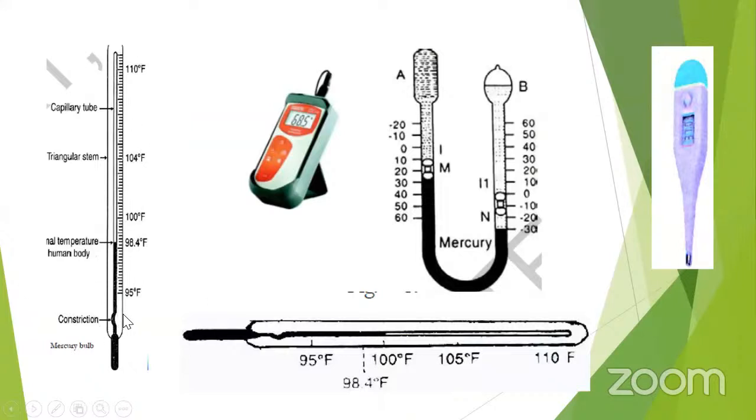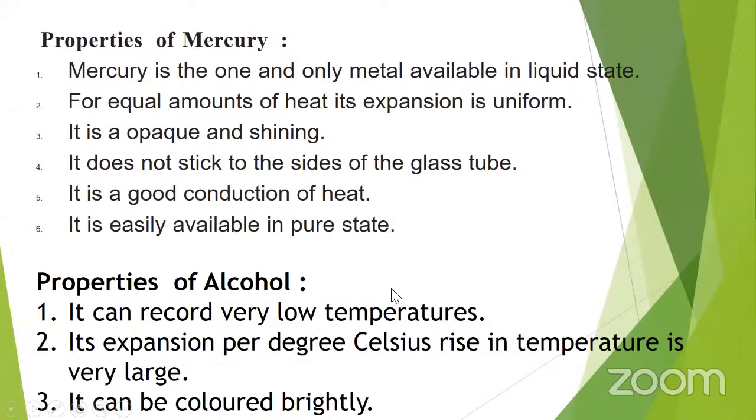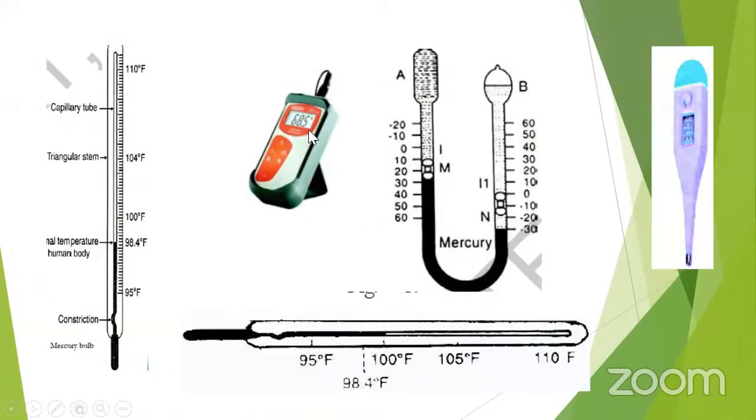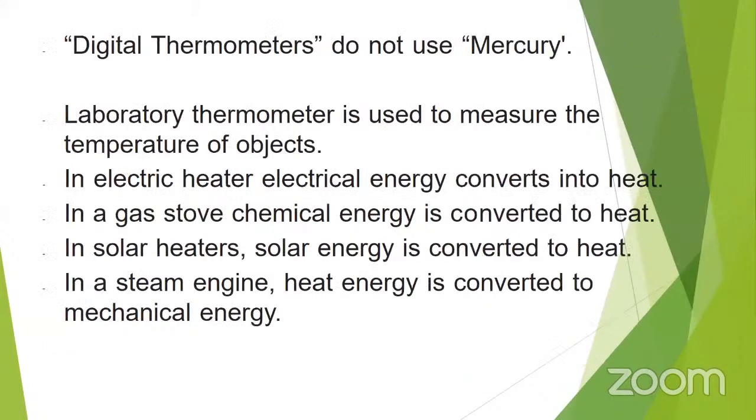In the clinical thermometer, there is a small constriction that we call a kink. Already we know about it. And here, a thermistor, a digital one, and maximum and minimum thermometers are being displayed. You can have a look at it.